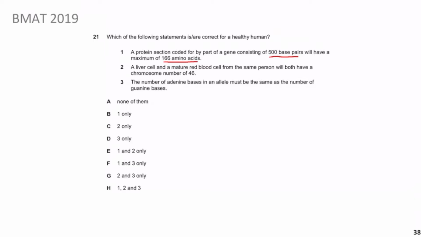So if each amino acid is coded for by three bases, the number of bases you would need to code for 166 amino acids will be 166 times 3. If I just do the quick column method, it's going to be 18, 180, and then 300. So you're going to need 498 bases to code for 166 amino acids.